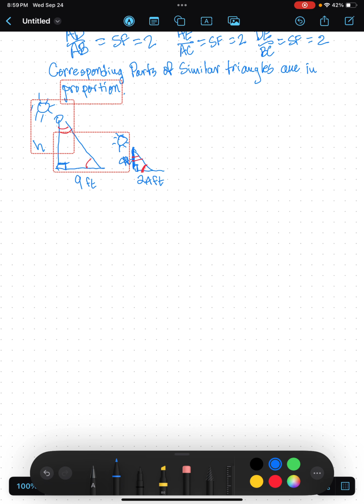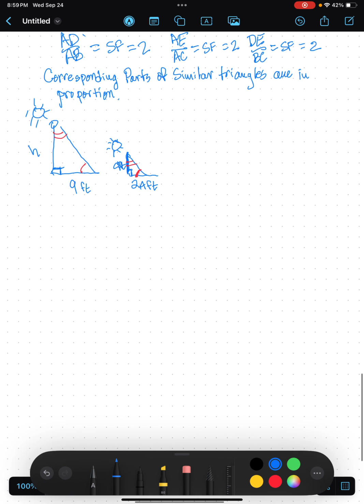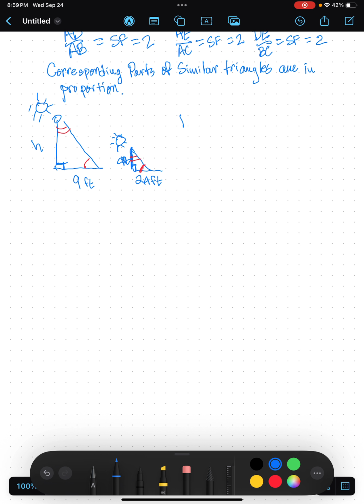So let's just write an equation of proportionality, which is going to say that basically the pole length to the shadow equals the post to its shadow.